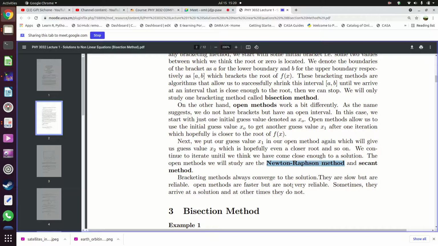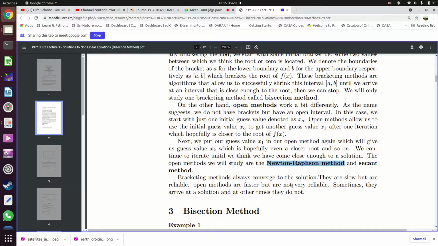If you're using Python and other things, it will almost be instant, you just get the answer, so you will not really notice. But in reality, bracketing methods are always slower than their counterparts. So a bracketing method will always give you a solution, but they tend to be slow.